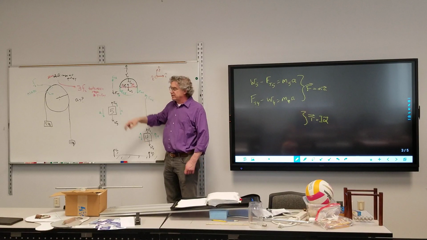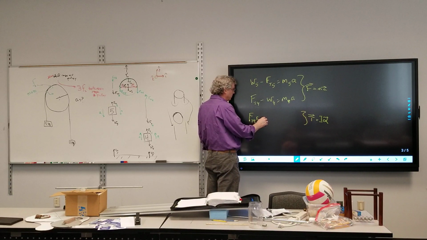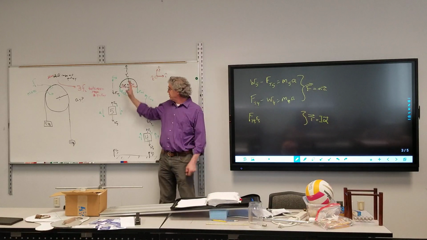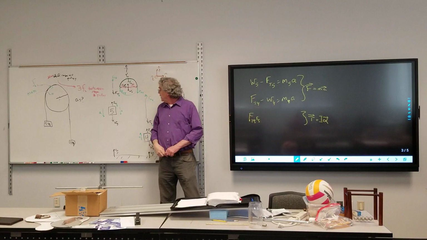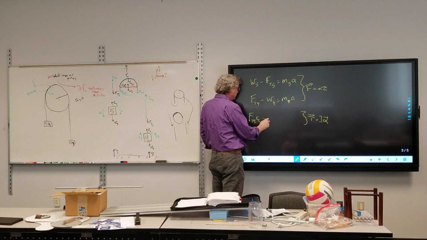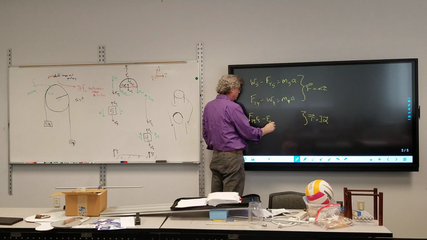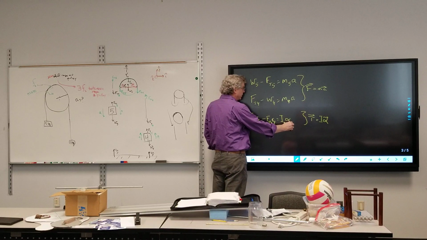I have torque from the Ft5 times r5. That was trying to create a torque, causing it to rotate counterclockwise, which is out. Ft4 is trying to get it to rotate in the opposite direction, so minus Ft4 r4 equals the moment of inertia of the pulley times the angular acceleration of the pulley.